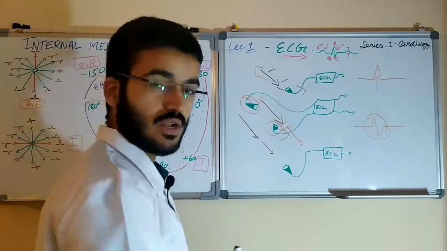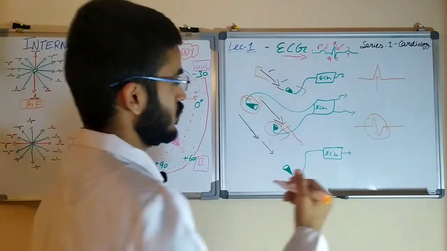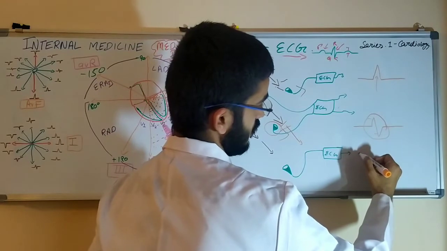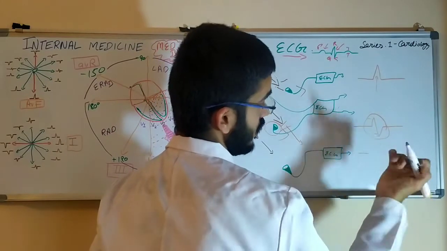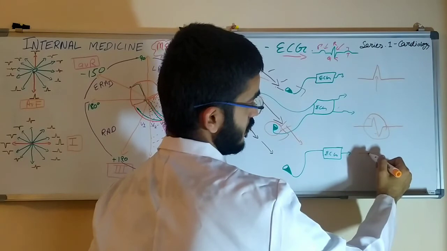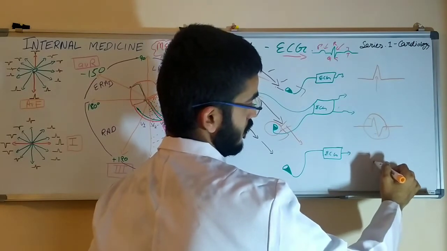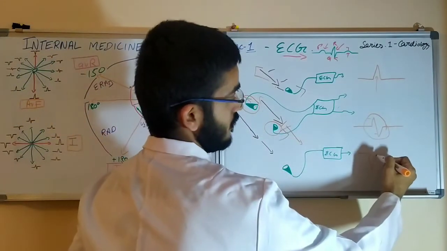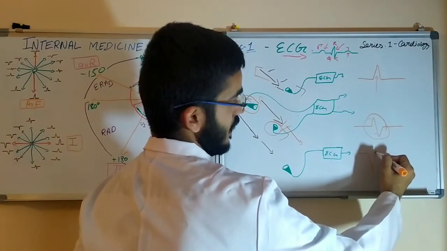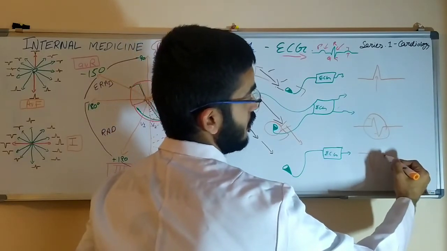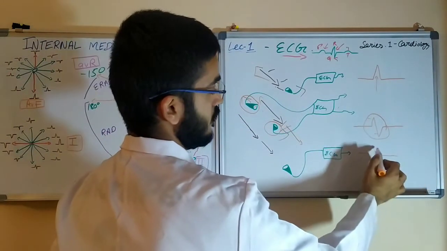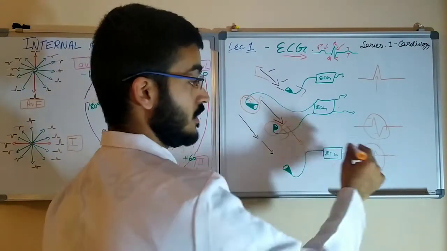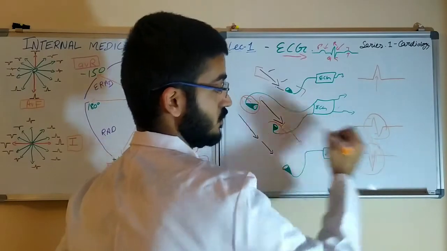That's why there is also a component which is towards the lead. So how is it going to be presented? Because the largest one is away from the lead, it is going to be negative, a large negative. But the very small component towards the lead is going to be presented like this. So something like this, and again the final magnitude will be the difference of these two amplitudes.